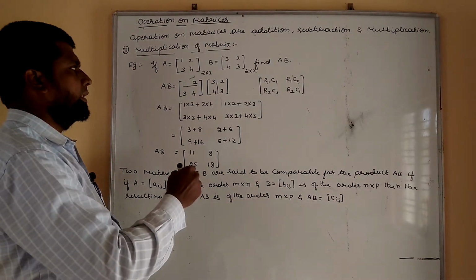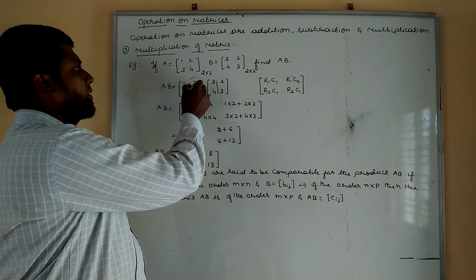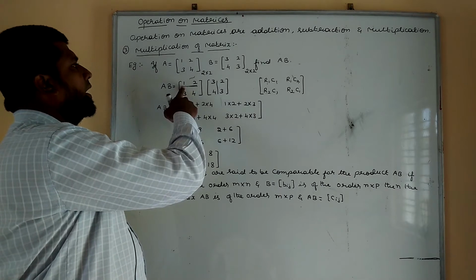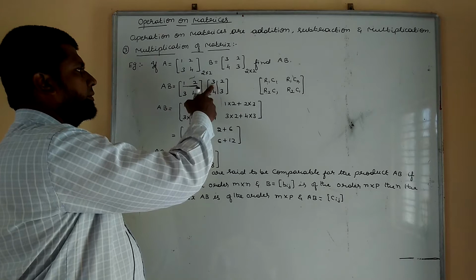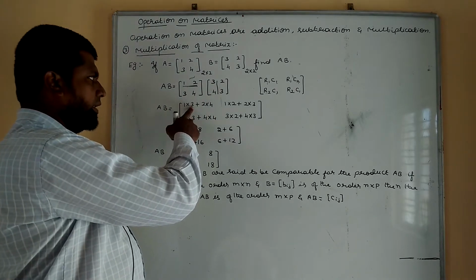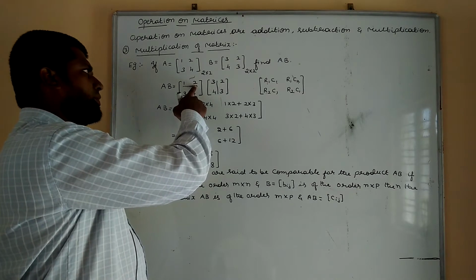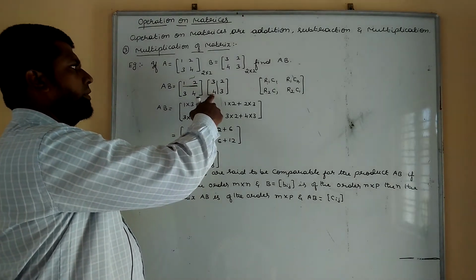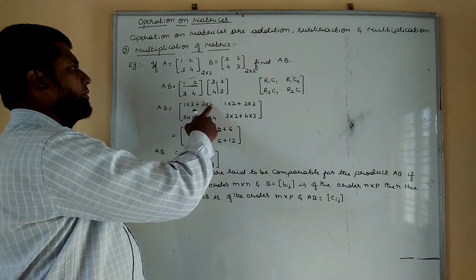So let us multiply A into B. First row, then first column. In the first row and first column, the first element, you have to multiply 1 into 3, plus again the first row's second element, 2, and the first column's second element, 4: 2 into 4.